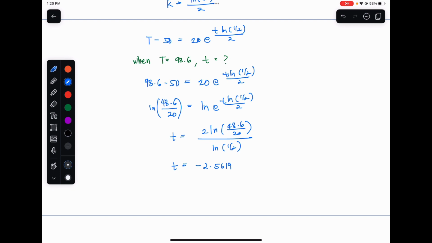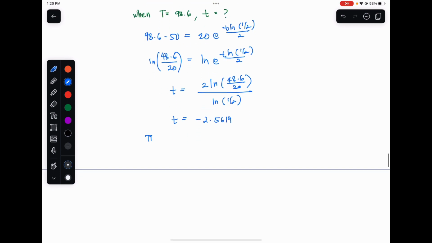Since our reference time is 8 p.m., to find the exact time we subtract 2.5619 from it, which is equivalent to 5.4381. To get the exact time using our calculator, we need to find the negative key, and then another key that corresponds to converting to degrees, minutes, and seconds.